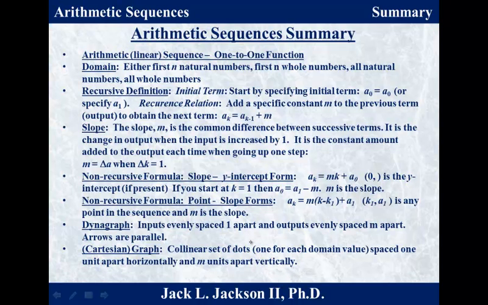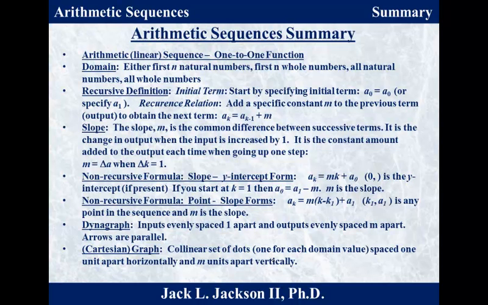In a dynagraph, which we didn't look at in this video, but we did in the last video, inputs are evenly spaced, one apart, and outputs are also evenly spaced, but m apart. And so the arrows are going to be parallel in those every time we go over m to get the new output.